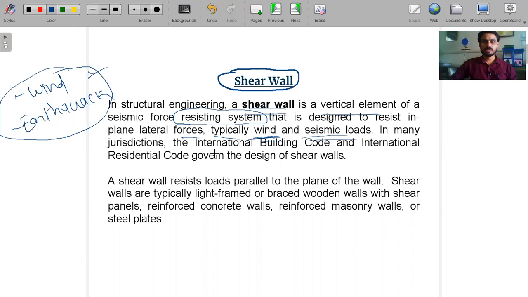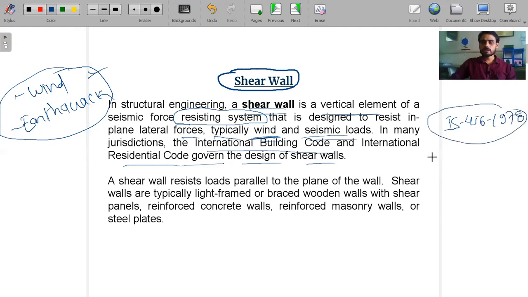In many jurisdictions, the International Building Code and International Residential Code govern the design of shear wall. There is no separate handbook or design code regarding shear wall design. We use various handbooks and various codes for the design of shear wall, such as IS 456:1978.